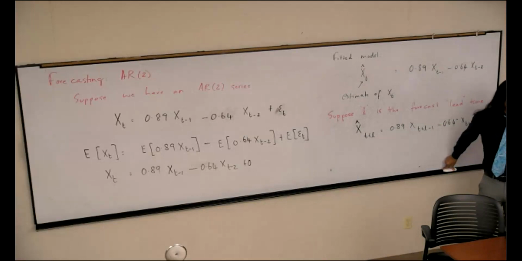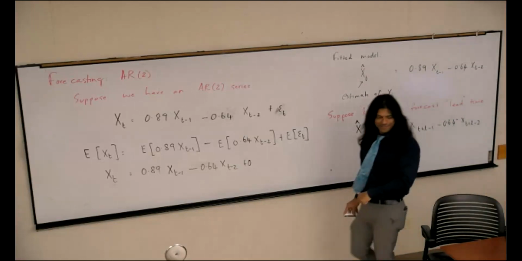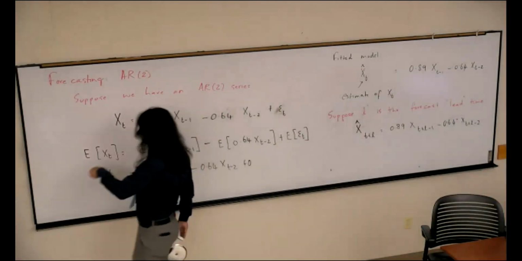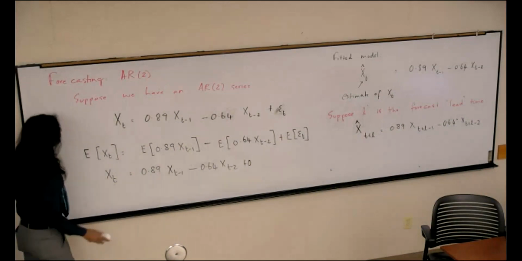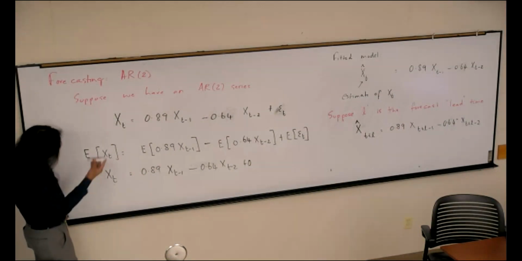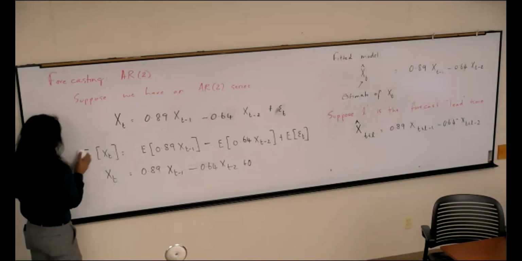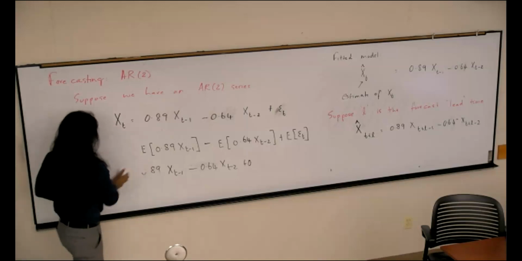Oh, the roots lie outside the unit circle. The roots of the characteristic polynomial lie outside the unit circle. So, good so far. So this comes from this simulated series.